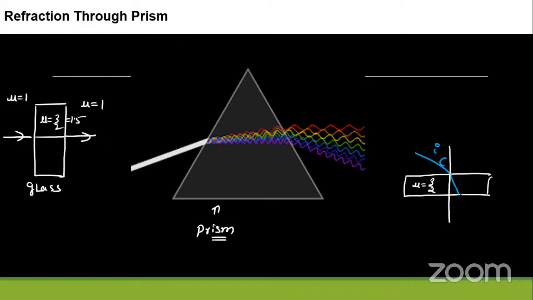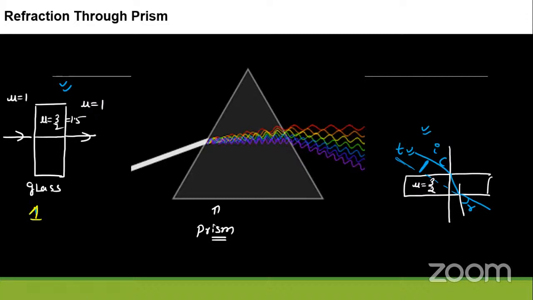Again, when it passes from a denser to a rarer medium, it bends away like this. So there is a little shifting between the incident ray and the emergent ray. We have studied this, and it is some quantity T.